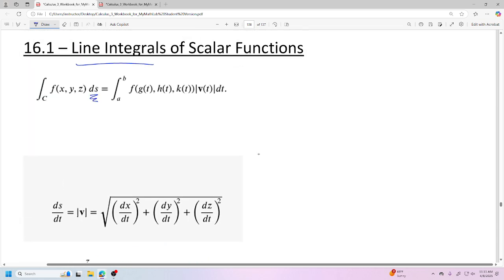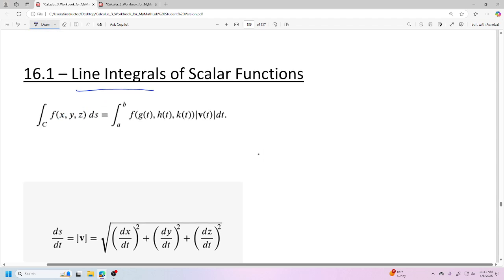Whenever you see a ds, you don't do it, okay? That's a bad formula. Rather, whenever they say ds, you're just going to say, oh yeah, we converted it, and they're already converting this v for you right here.